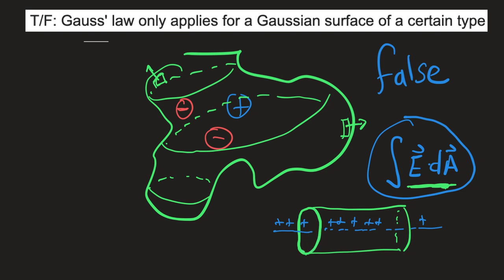And by the way, just by symmetry, you might be able to see that the electric field is the exact same size everywhere on the cylinder, because everywhere on the cylinder is the same distance from this line of charge. So you're taking advantage of symmetry when you use Gauss's law, even though you could always use Gauss's law if you were able to do this integral for the crazy surface.